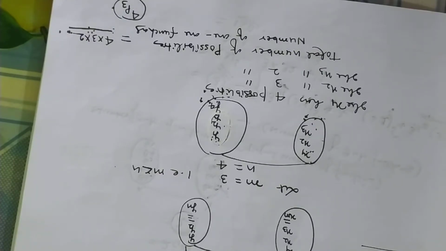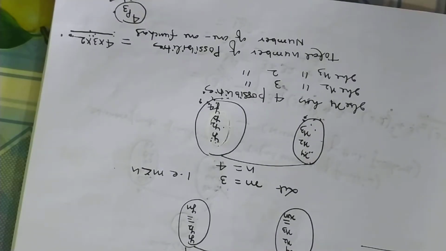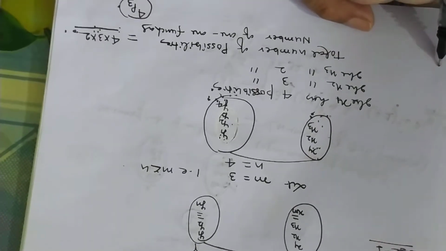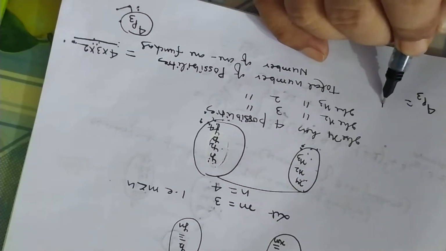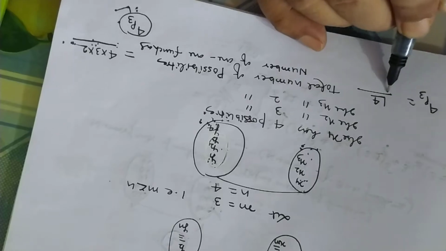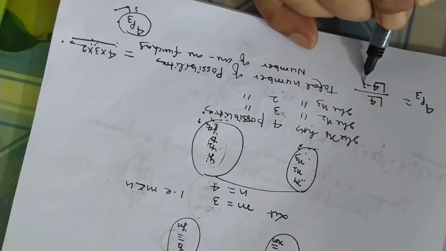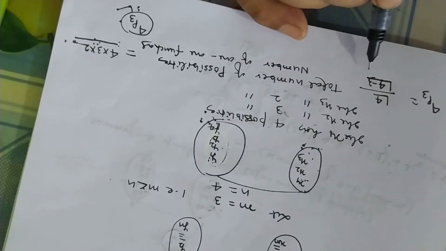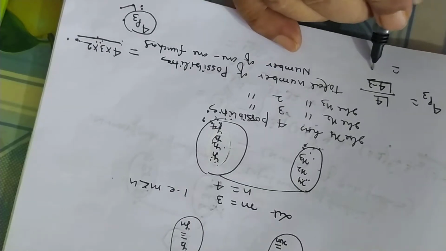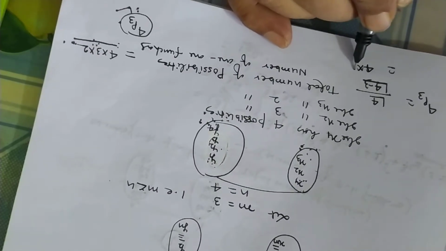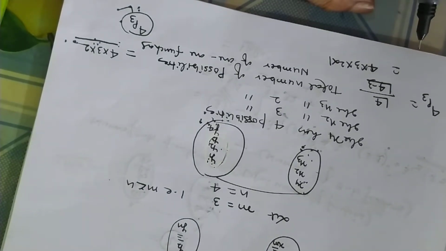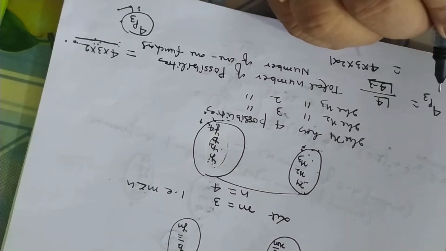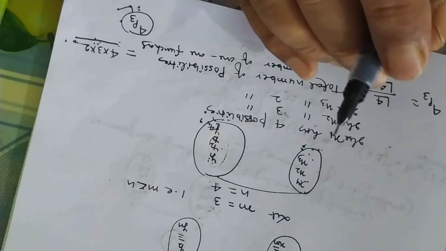But in the form of permutation, we will denote it 4P3. And the numerical value of 4P3 is factorial 4 divided by factorial (4 minus 3), that is 4 into 3 into 2 into 1, which is 24. So you can count by using the formula and without using the formula.